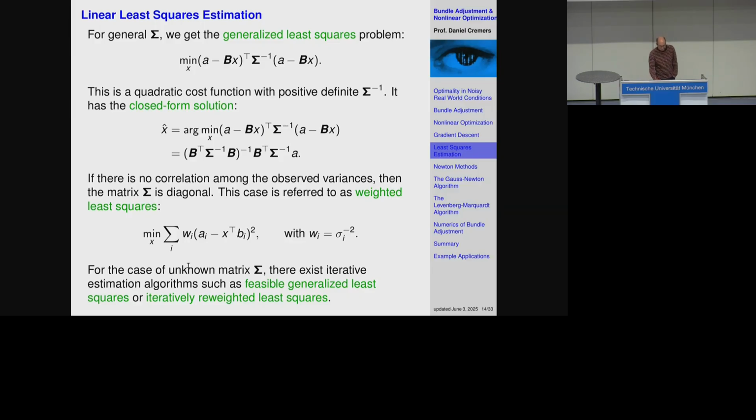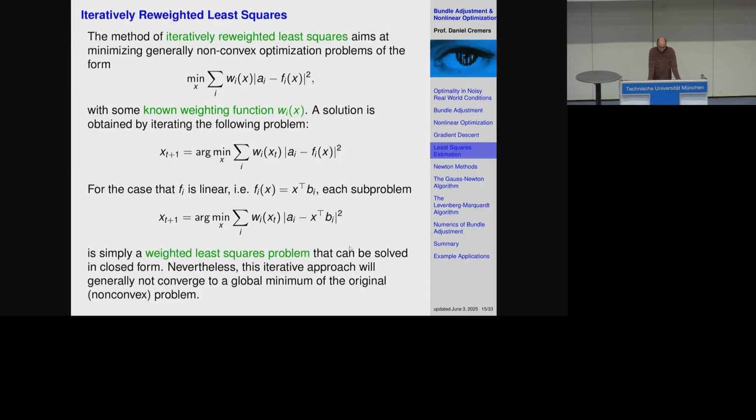So what does that mean? It means I minimize this loss function, I keep the weights fixed, and then I update the weights iteratively. This is then called iteratively reweighted least squares, a fairly powerful algorithm that often converges very fast.